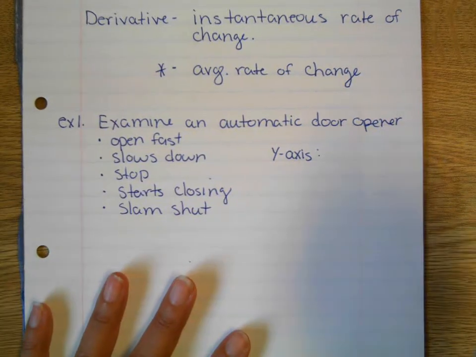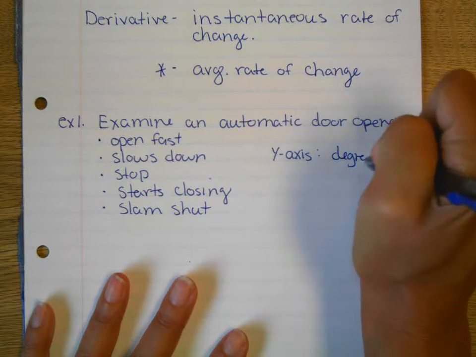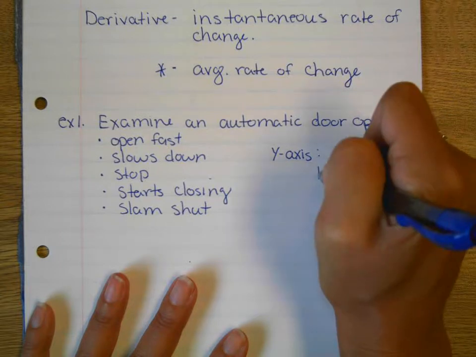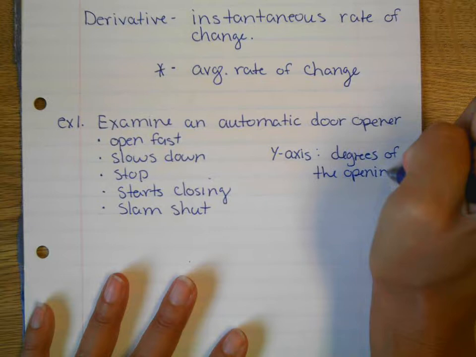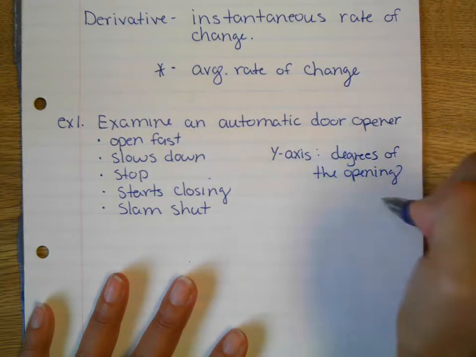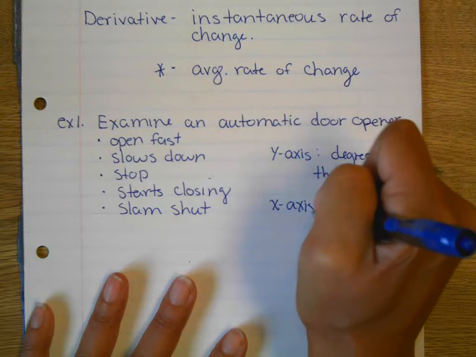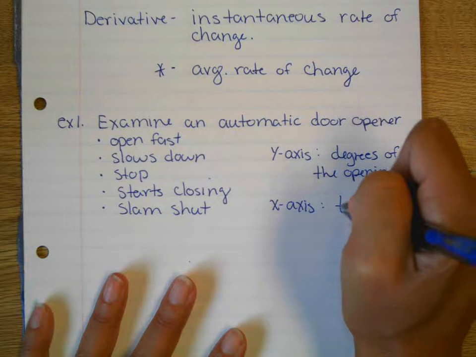So the y-axis is going to be the degrees of the opening and then the x-axis will be the time in seconds since you hit the button.